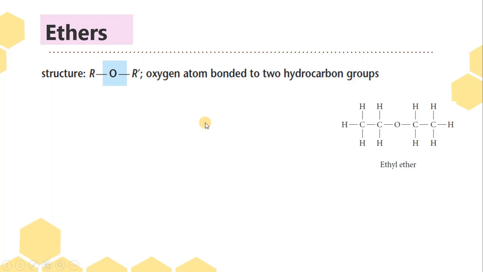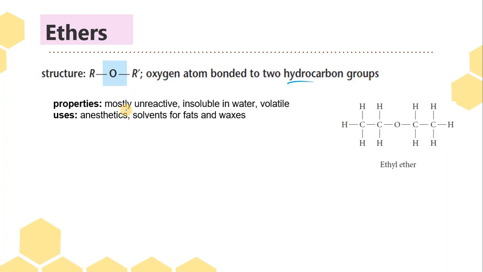The structure of ethers is simply ROR. In the middle is oxygen, so an oxygen atom is bonded to two hydrocarbon groups. The functional group is the oxygen. Properties: mostly unreactive, insoluble in water, volatile.